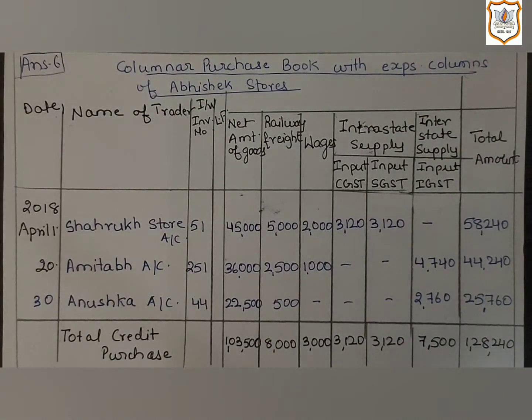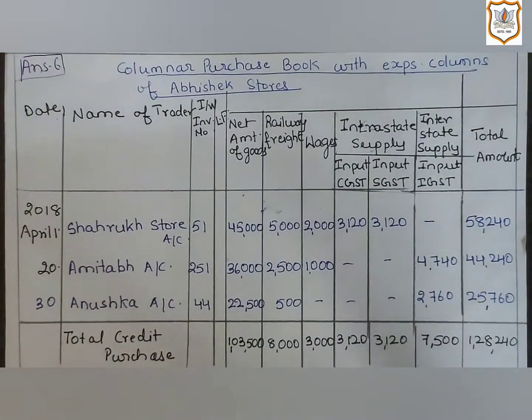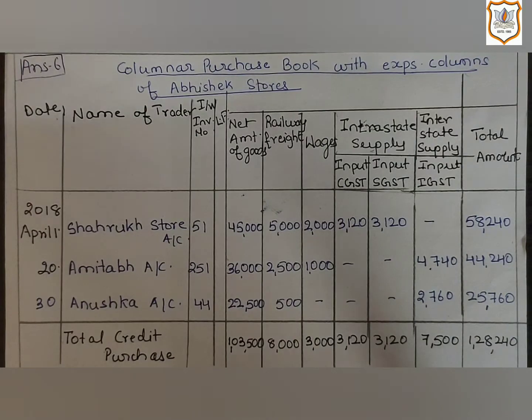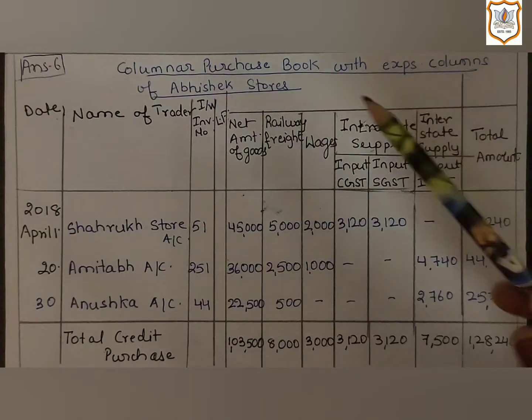So by this, the businessman can obtain information about different expenses relating to purchases from such expense columns apart from the cost of goods. So it can be seen here that all the details are similar to those of a simple purchase book. Only the amount is divided here.